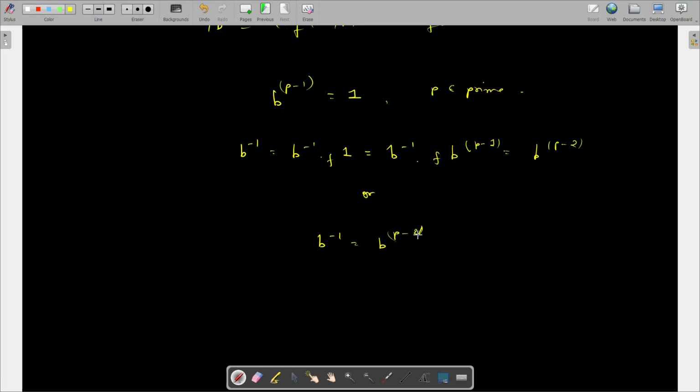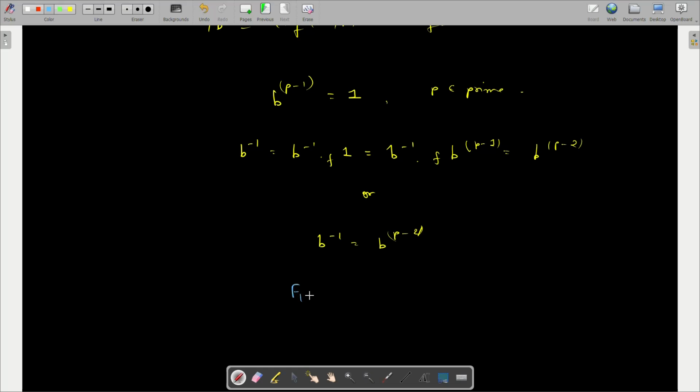So in F19, this means practically that b to the power 18 will be equivalent to 1, which means that b to the power minus 1 will be equivalent to b to the power 17 for all values of b greater than 0. Let me just write it down again.